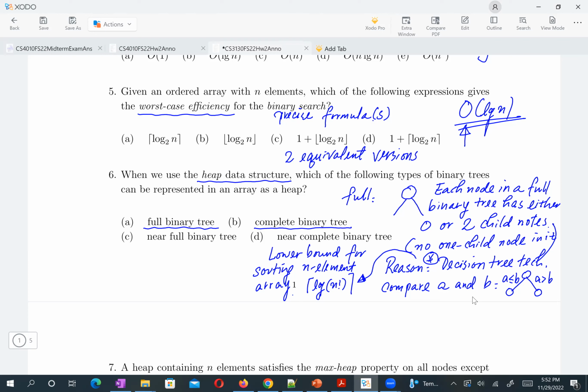But we can change the condition slightly. Full, near full, we can change the condition slightly in a similar way. So that is question number 6.